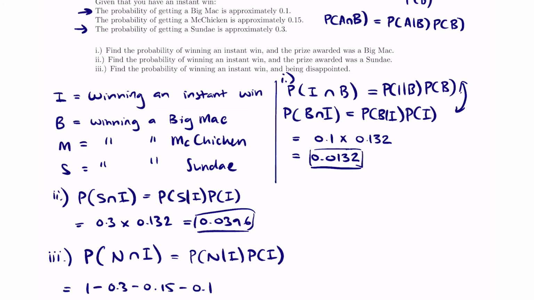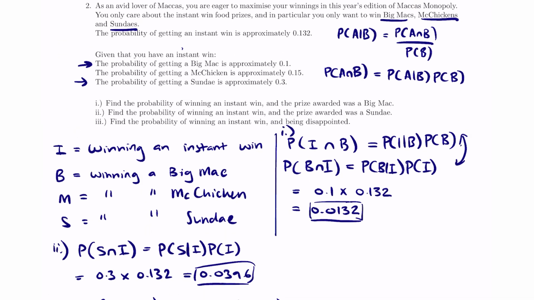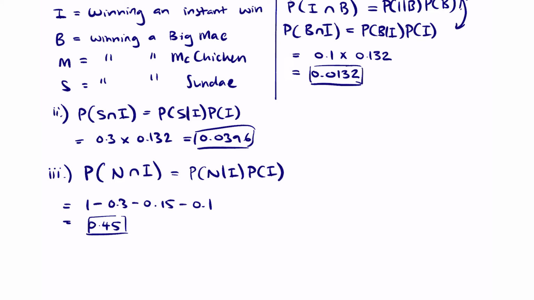That's 0.45, right? And that kind of makes sense, if you think about it. Given that you got an instant win, if you don't get a Big Mac, a McChicken, or a Sunday, the rest of the probabilities has to sum to 1. So if we subtract all those out, we're going to get something else with a probability of 0.45. So with a probability of 0.55, we do get something that we want.